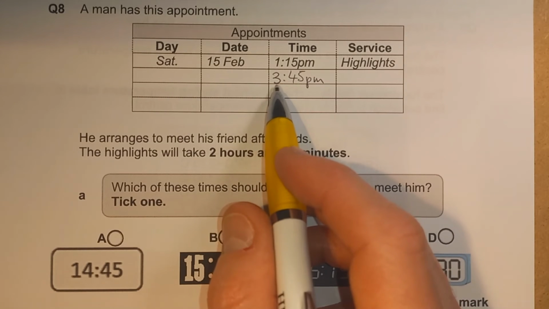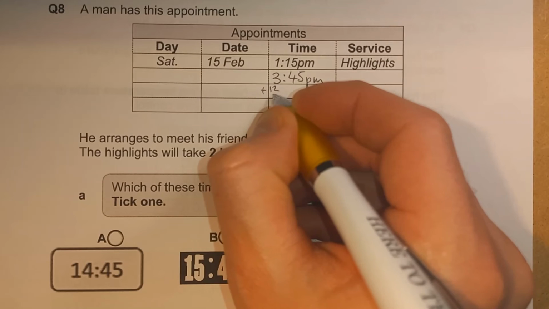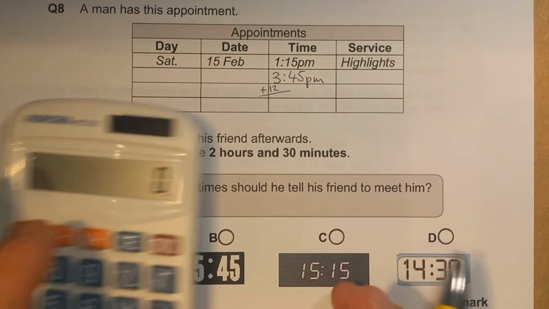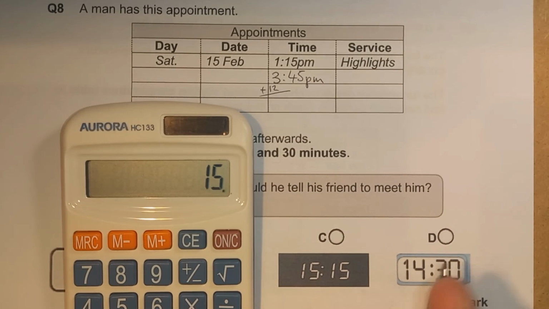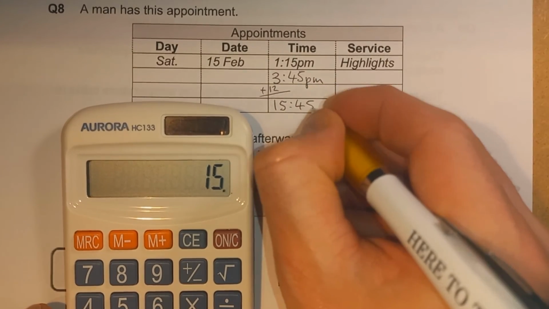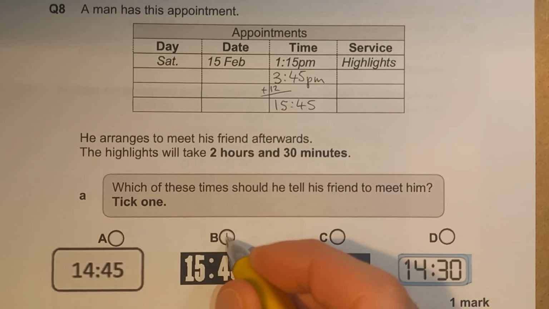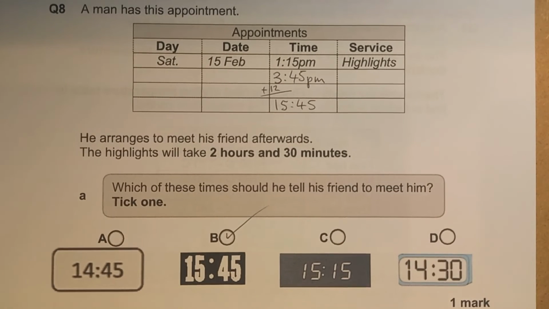So if we want to turn it into a 24-hour clock, we need to add 12 hours to the 3. So 3 plus 12 is going to take us up to 15:45. So it's going to be this one here.